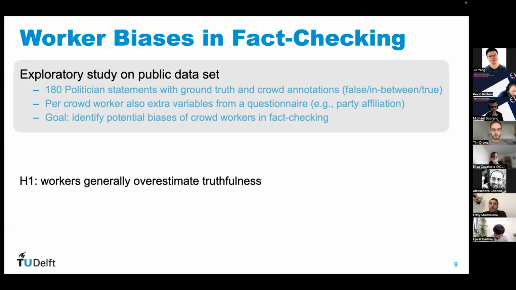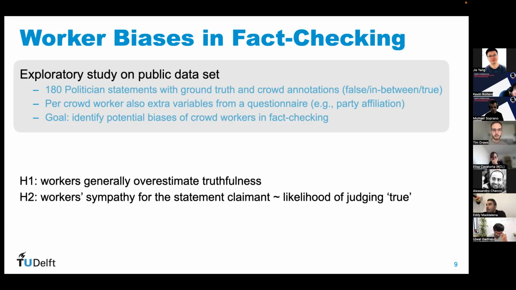The first concerned what we will refer to as an availability bias. Workers seem to generally overestimate the truthfulness of politician statements, which could be the case if they just have an idea in their head of politicians generally speaking the truth. Next to that, we found some exploratory evidence for an affect heuristic. The more workers liked the statement claimant, for instance Barack Obama in the example I just showed, the greater the likelihood of judging the statement as true.